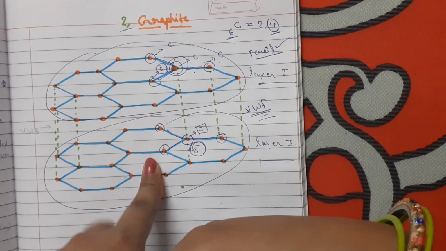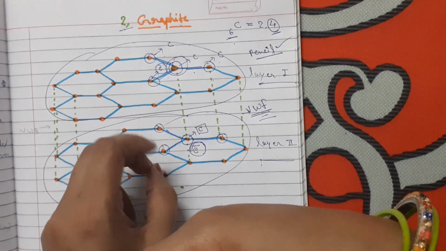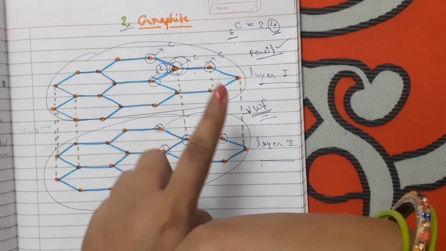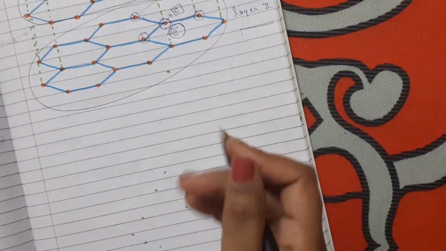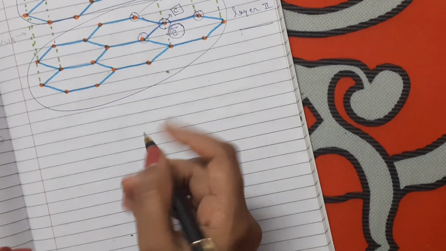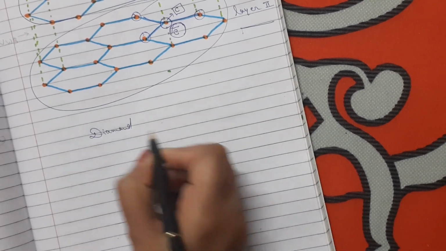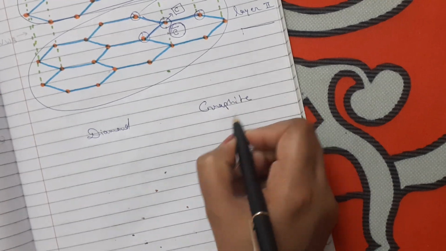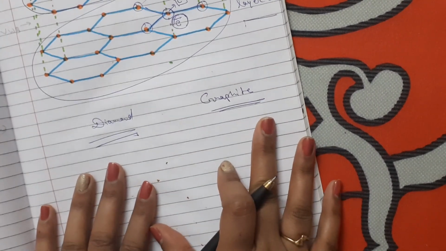Okay, and yes, there is another question: why does graphite have a high melting point but lower than diamond? So I can show you that when we are talking about diamond and when we are talking about graphite, what is the difference between these two carbon bonds?